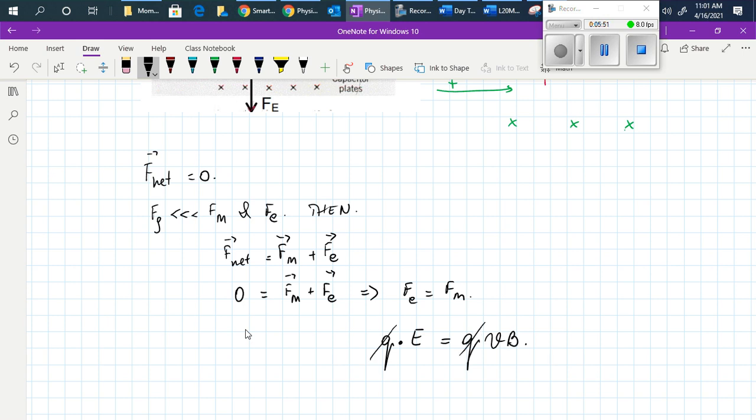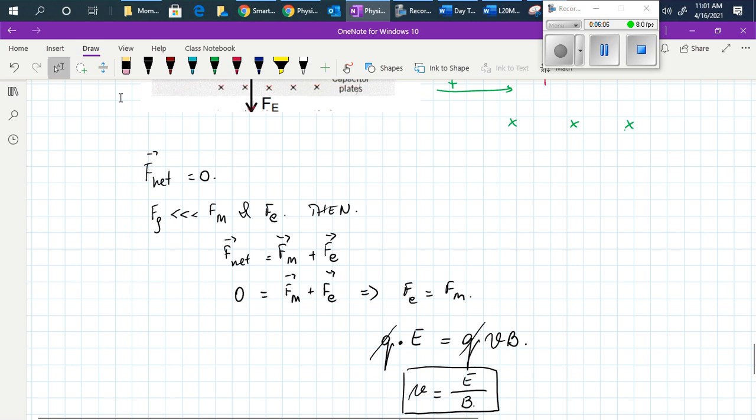So Q is canceled out, and from here, V will be equal to E over B. And this is the relationship that we have to use to identify the velocity, the speed, when we have an electric field strength and a magnetic field strength.